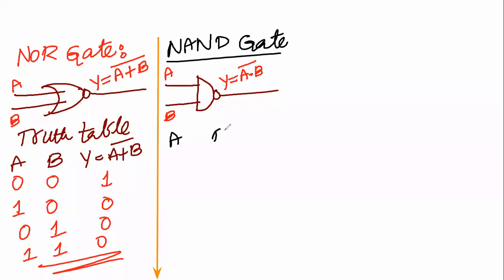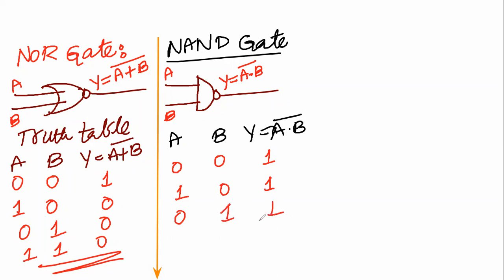A 0, B 0: output will be 0, but 1 will come. A 1, B 0: output will be 0, but 1 will come. 0, 1: 1 will come. Then 1 and 1: for the AND gate it will be 1, but here the complement is taken as 0. Right.